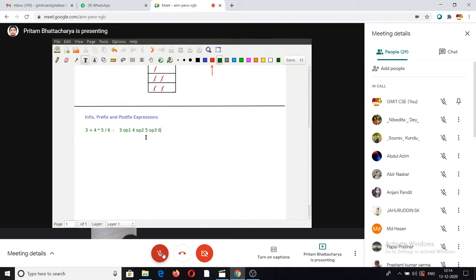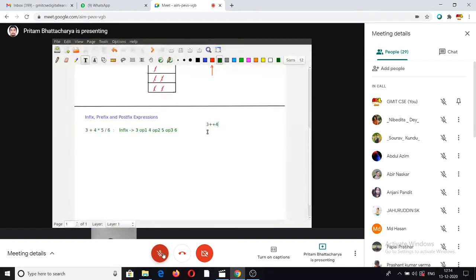So this is known as an infix expression, by the way. Here, no two operators can come side by side. I cannot write something like 3 plus plus 4. We know this, right?